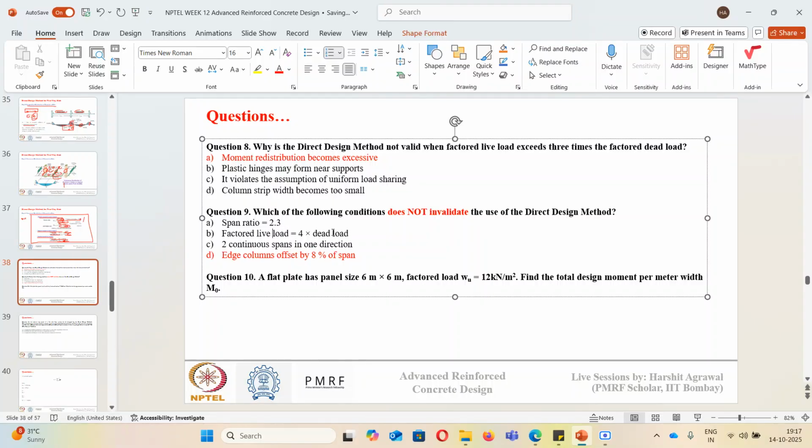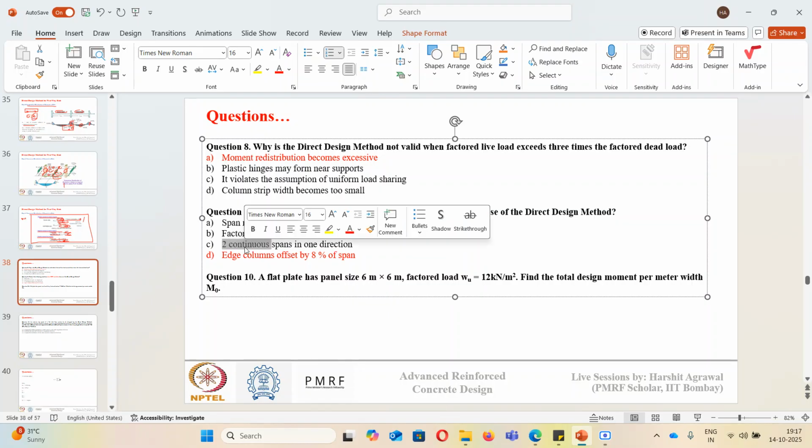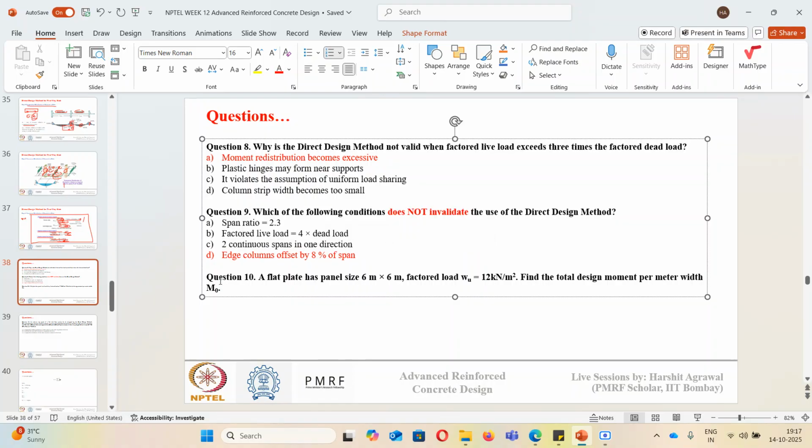Factored load is four times the dead load, again the direct design method is not applicable. There are only two continuous spans, and we saw in the assumptions we need at least three, so again it is not applicable. And in D, the column offset is 8%. We had a limit of 10%, and 8% is less than 10%, so for this the direct design method will be applicable. That's why this is the correct option.